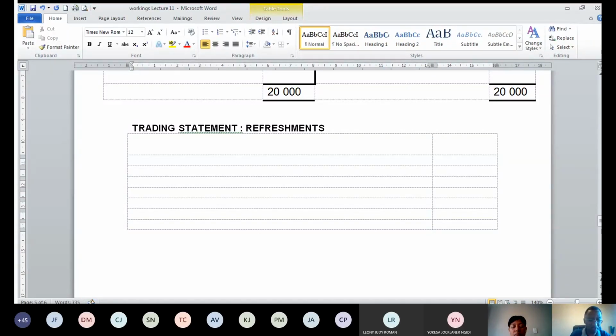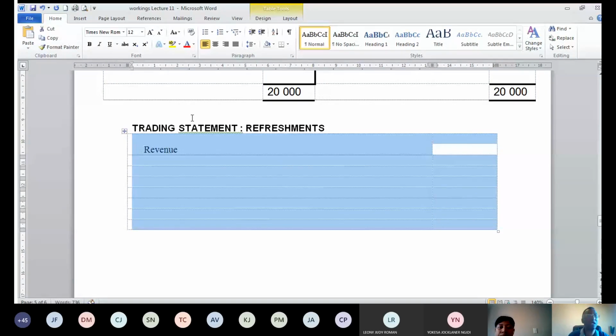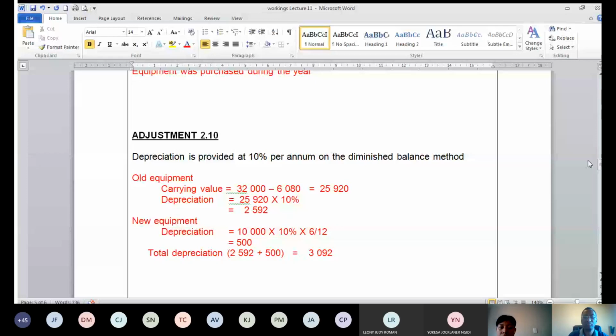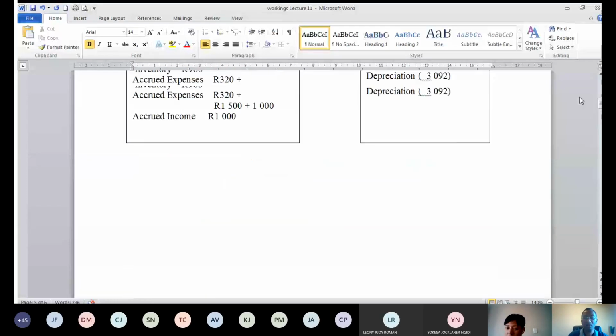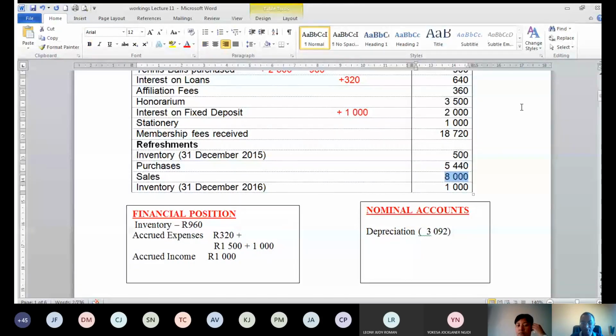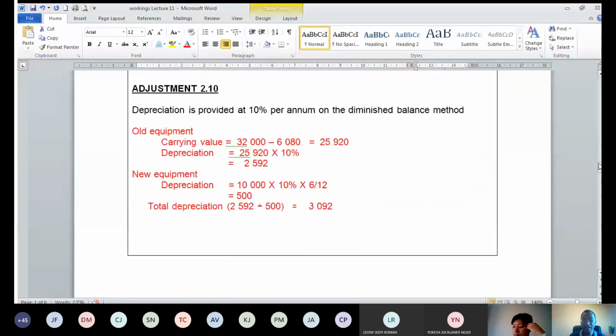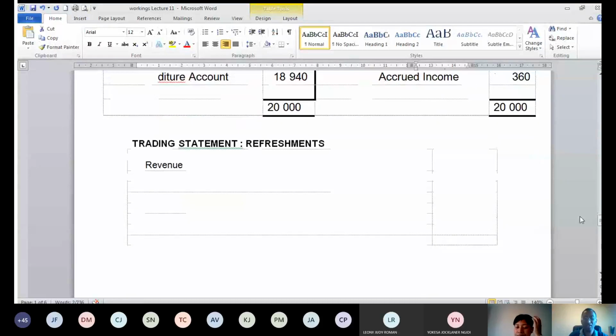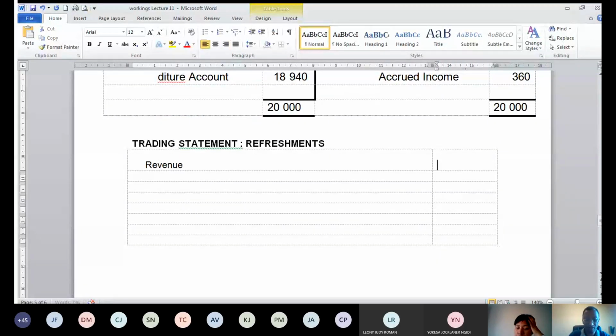So go to the revenue of our refreshments in your list of accounts. Your sales of refreshments, second from the bottom, was an amount of 8,000 Rand.